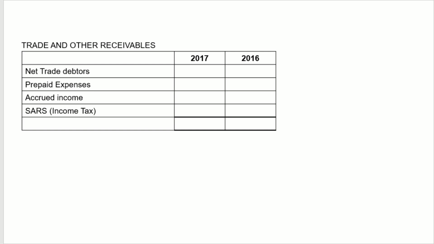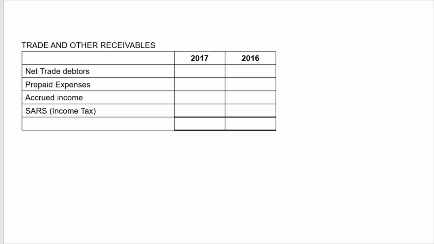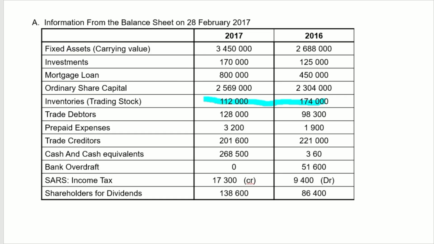All right. So now we're gonna come here. We have our trade debtors. Trade debtors on 2017 we have 128,000. So we're gonna come on the trade and other receivables and input 128.